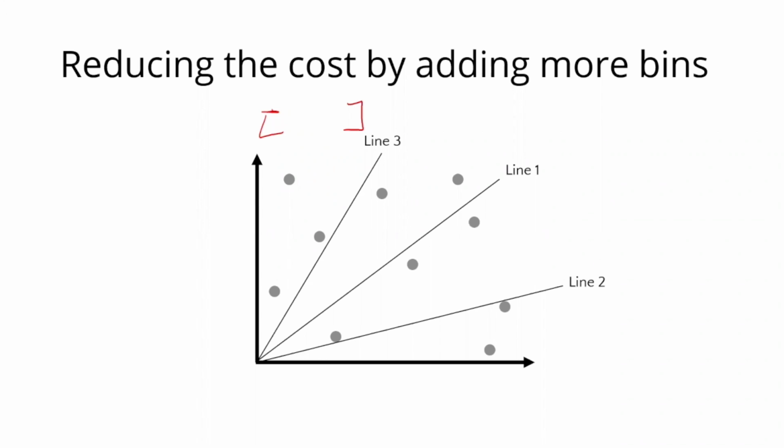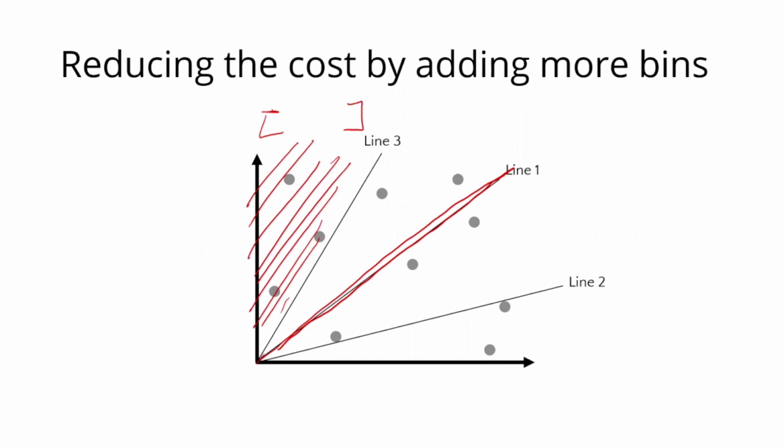Let's think about line 1, and let's think about this bucket over here. Now, this bucket is obviously above line 1, and if I continue to borrow that movie review example, the sign of this bucket is going to be negative, and the negative sign was mapped to 0 in binary notation.